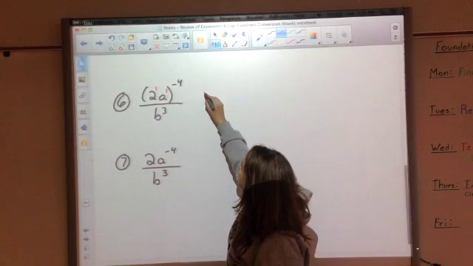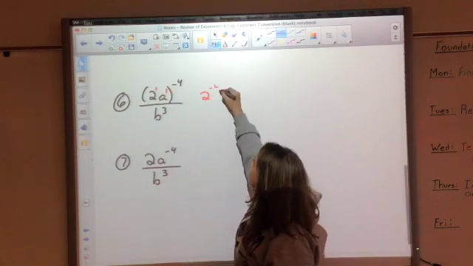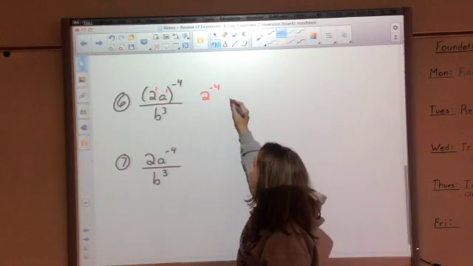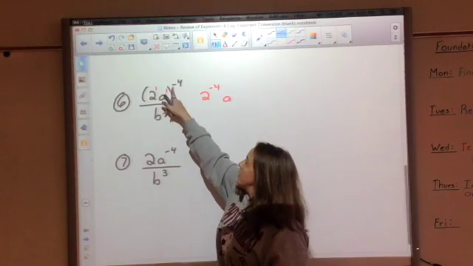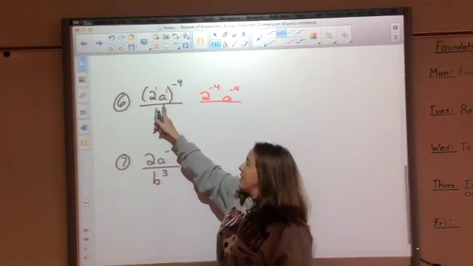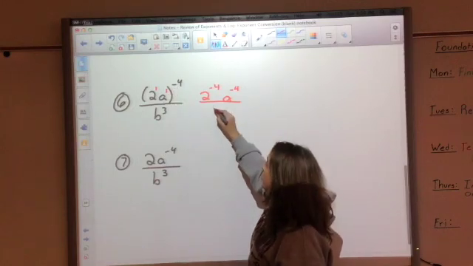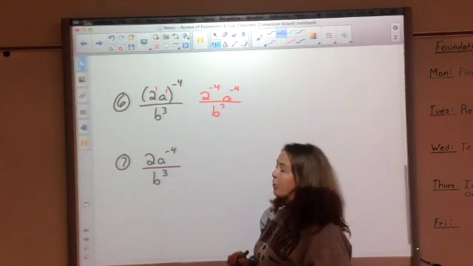So this is going to be 2 to the 1 times negative 4 is negative 4. And then I have a to the 1 times negative 4 is negative 4 over, now this is not in my parentheses, so this is not being raised to the negative 4. So it's just going to stay b to the 3rd power.